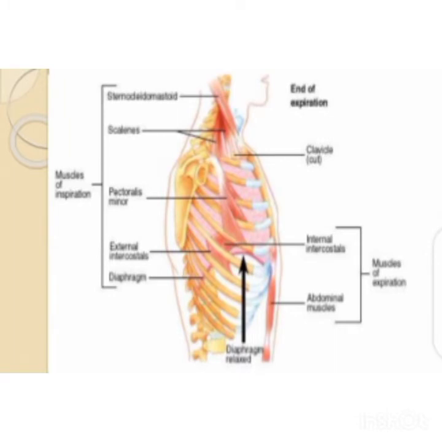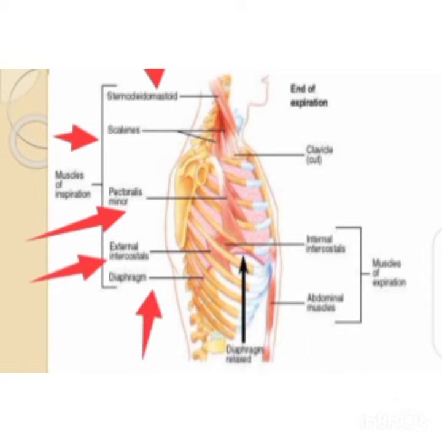Now we have the muscles of inspiration here. As you can see with me, here we have the sternocleidomastoid muscles. I have the scalenes here. I have the pectoralis minor here. We have the external intercostal muscles here and the diaphragm.